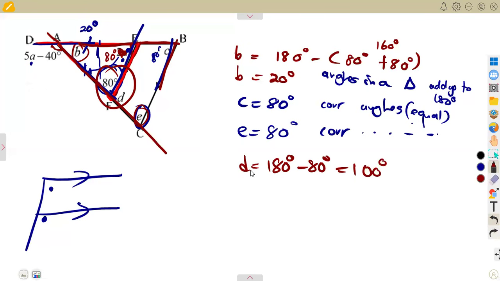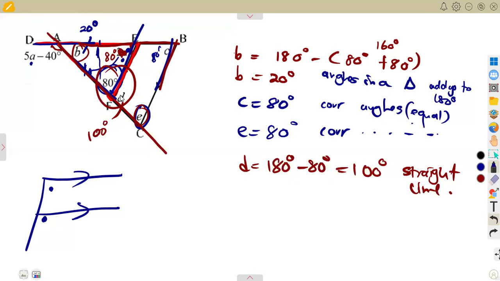That is angles on a straight line. There are so many ways. As long as whatever you are calculating has a reason. So we are talking about what? Angles on a straight line. There are so many ways to calculate this D.